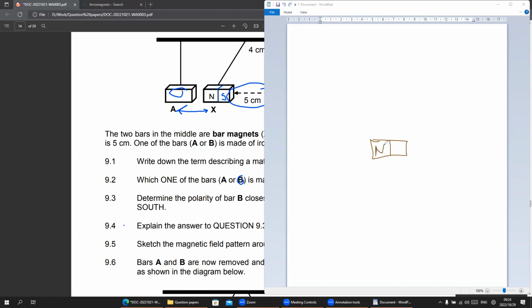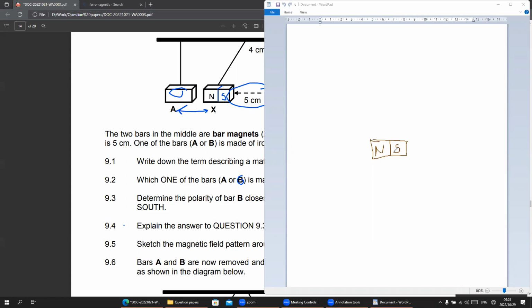Do you know the direction that the magnetic field lines travel? Is it from north to south or from south to north? I think it's from north to south. Hendrix, what's your opinion? I agree with Trevor, sir.